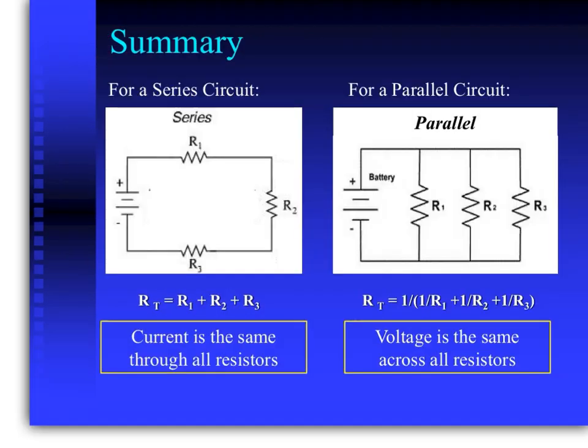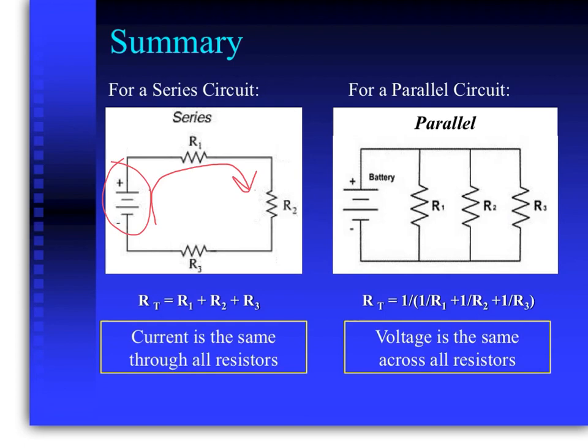In summary then, a series circuit has one current path through all the resistors or loads connected in series across the battery. The sum of all the resistors, R1 plus R2 plus R3, equals the total resistance.